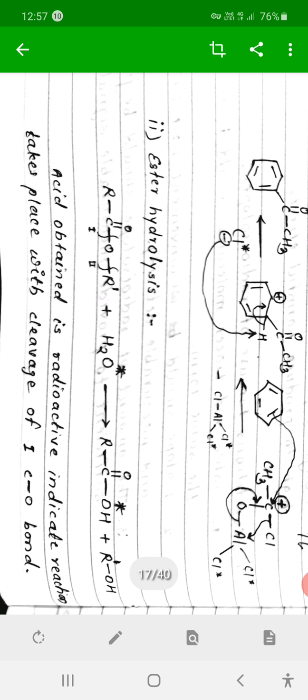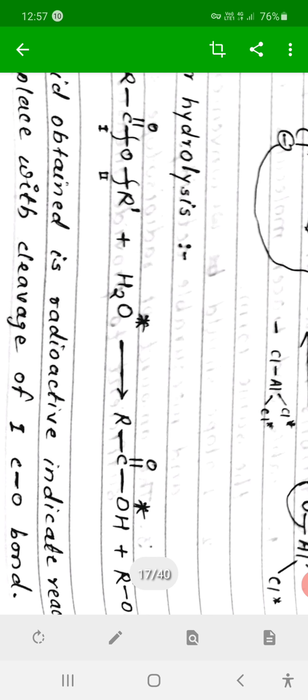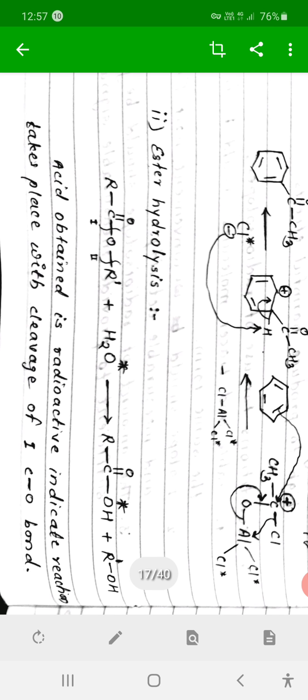Then how will you use the radioisotope to find out which bond breaking takes place in this reaction? For that purpose, consider water here with labeled oxygen, that is with a radioactive isotope.